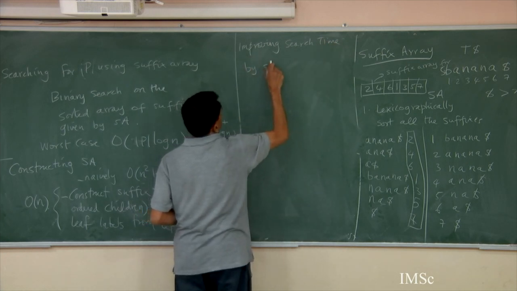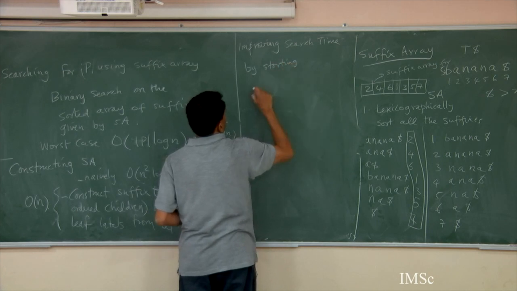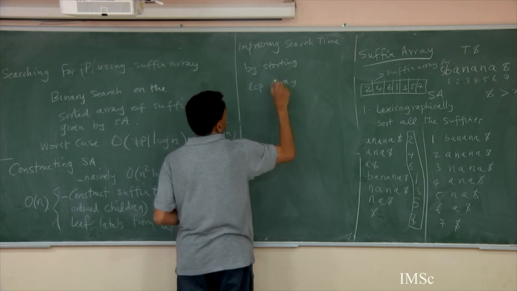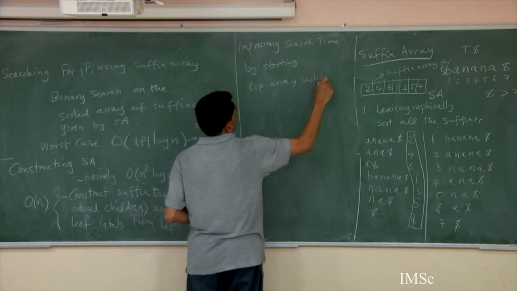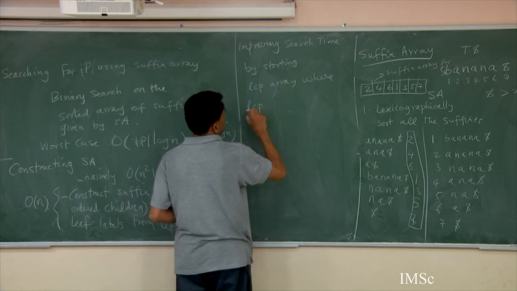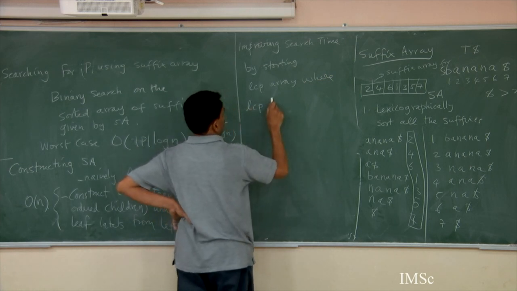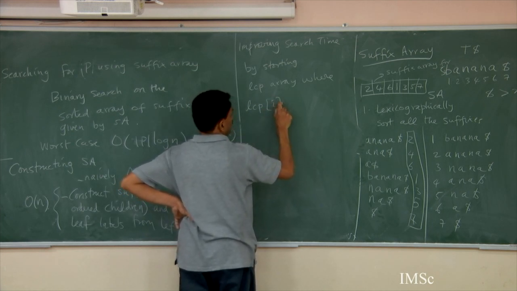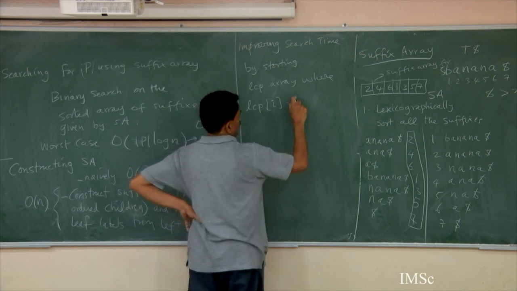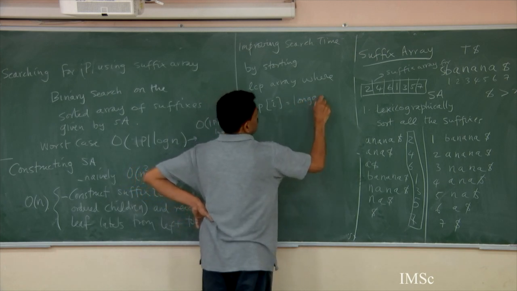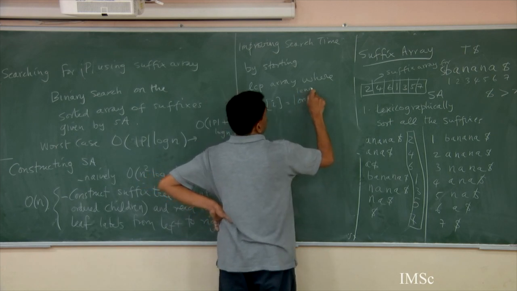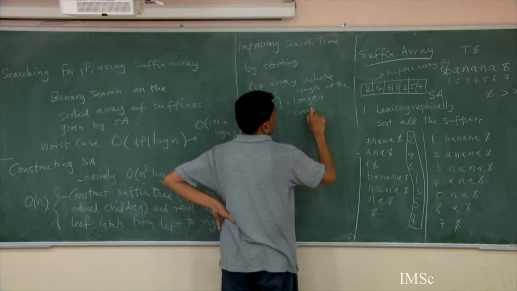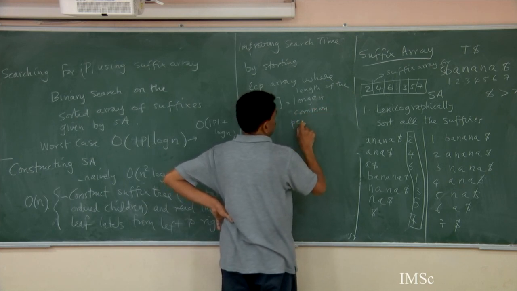By storing this LCP array, where LCP of I is just one more array, the length of the longest common prefix.